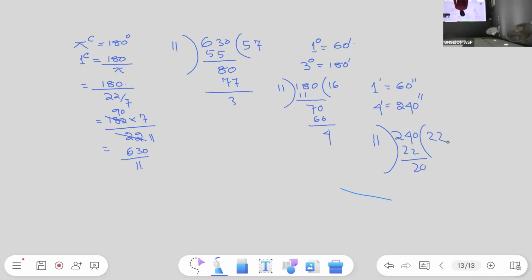So approximately 22. So 1 radian is equal to 57 degree, 16 minutes, 22 seconds, approximately. Note it down.